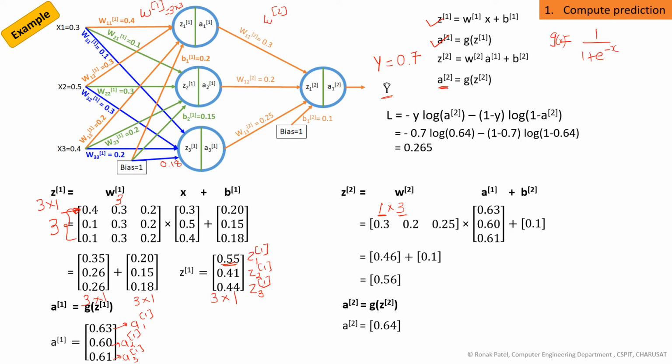Using this loss, we will check the contribution of weights and bias to the loss, and how to update those weights and bias to get the minimum loss. So we'll update those weights and bias accordingly.